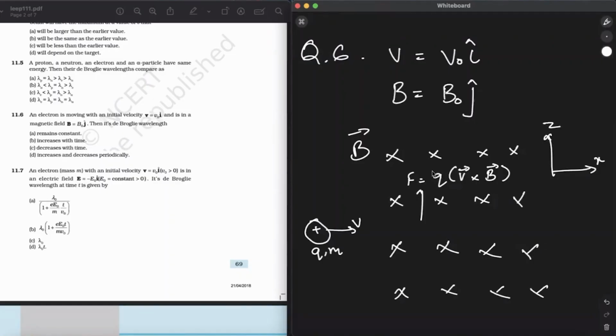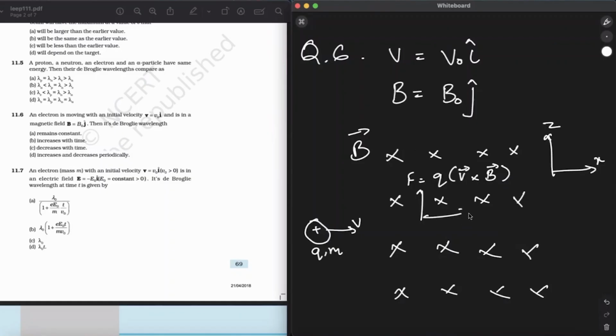But this force does not increase the velocity of the object. This force is perpendicular to v, so the magnitude of v will not change. This you can understand, right?